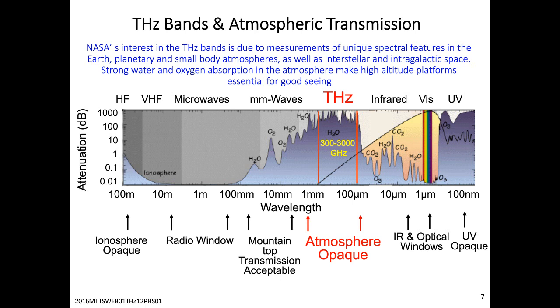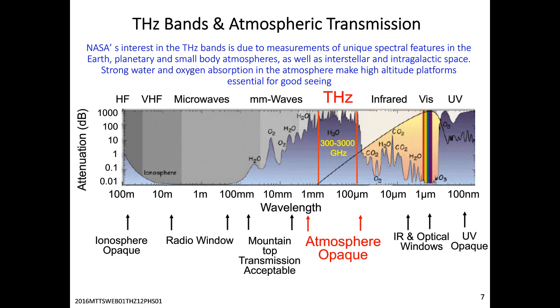And so if you're interested in measuring molecular signals from star systems or from other planets or from other galaxies even, you're going to have to put your receivers above the Earth's atmosphere because, as I mentioned, oxygen and water really absorb pretty much everything coming through.